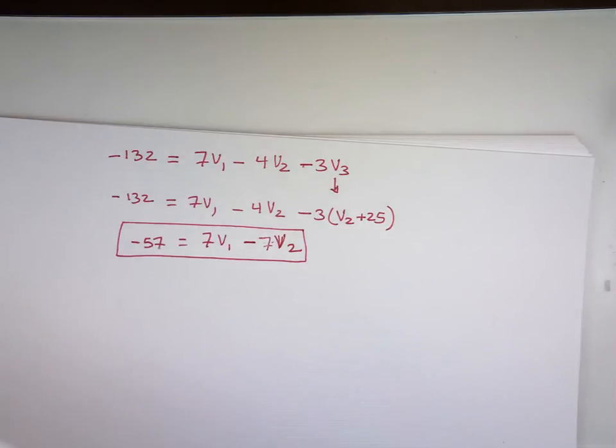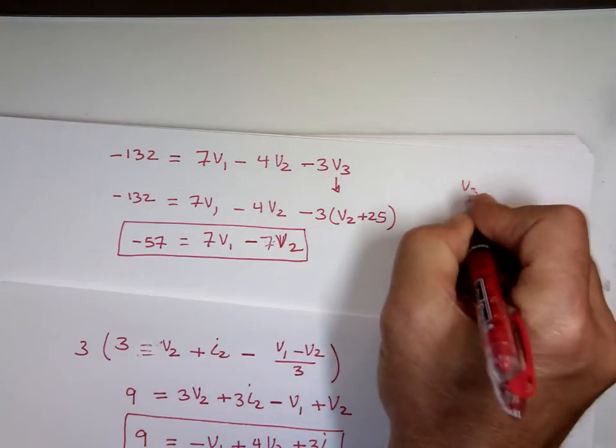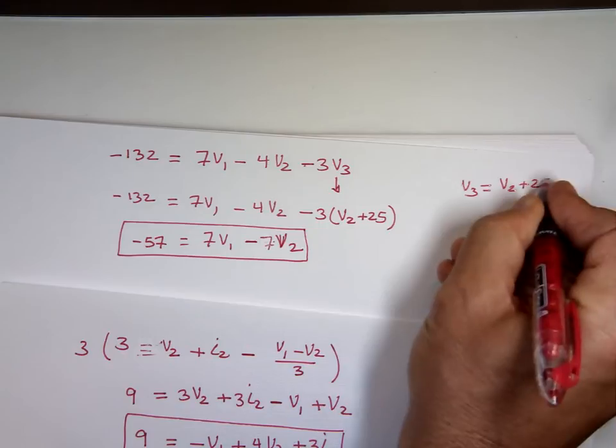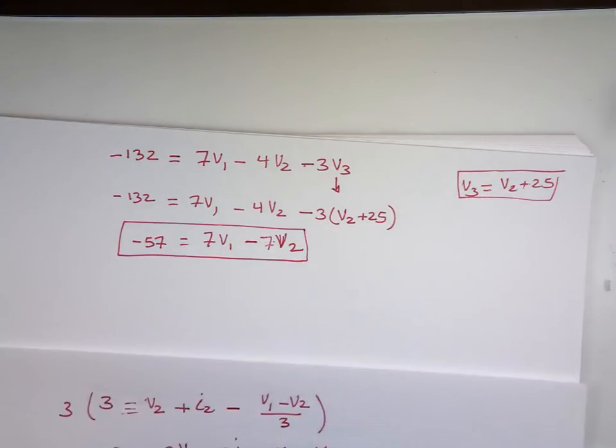The second equation. That was the second equation. It doesn't have V3 in it, so I'm okay, because all I'm doing is taking V3 and setting it equal to V2 plus 25. There's nothing in this equation about V3, so let me leave it.